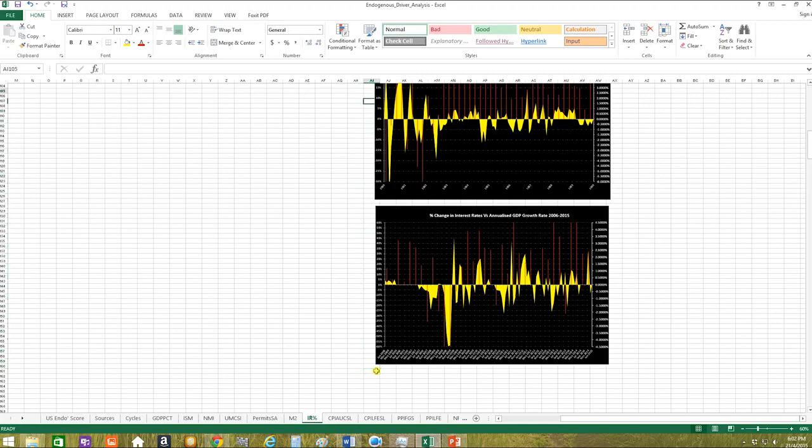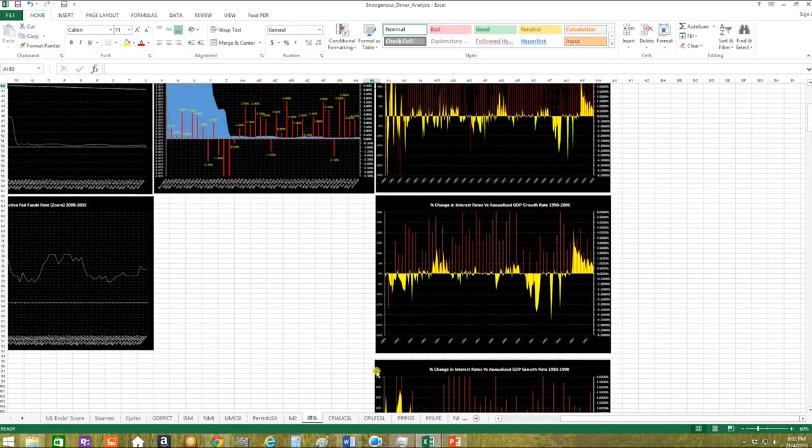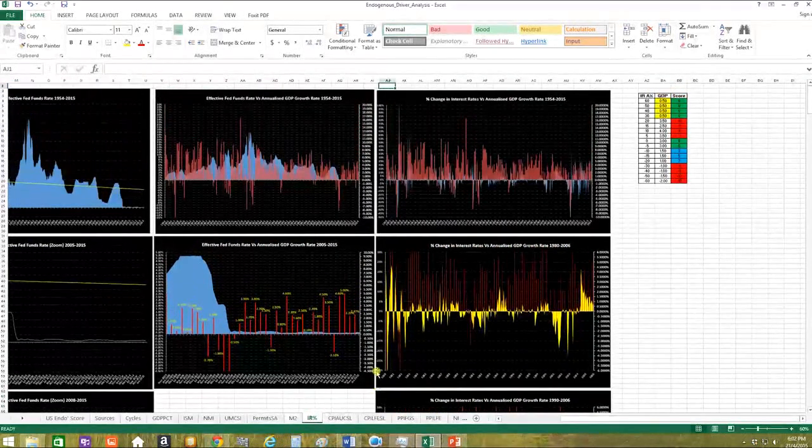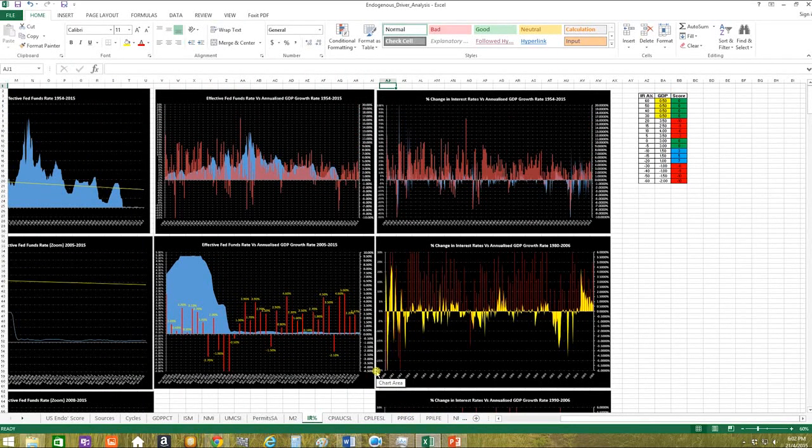But in your own time, dig a little deeper, try to understand and learn the relationship between percentage changes in interest rates historically and the levels of annualized GDP growth rates that they are associated with at any one moment in time, and compare them across the spectrum. The general message here is that the percentage change in interest rates historically is correlated to the annualized GDP growth rate at any one time.